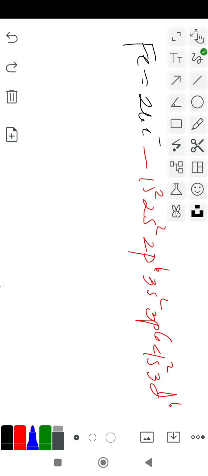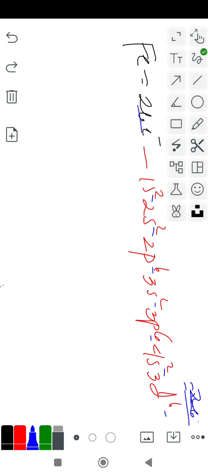If you add them all, 2 plus 2, 4 plus 6, 10 plus 2, 12 plus 6, 18 plus 2, 20 plus 6, that is 26 electrons.